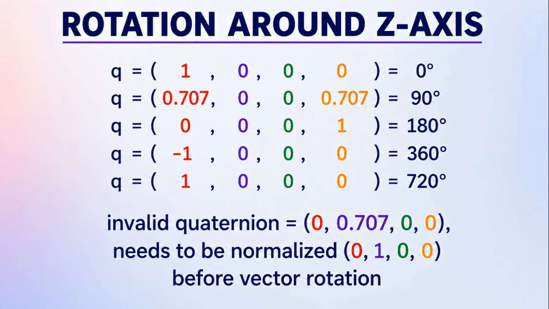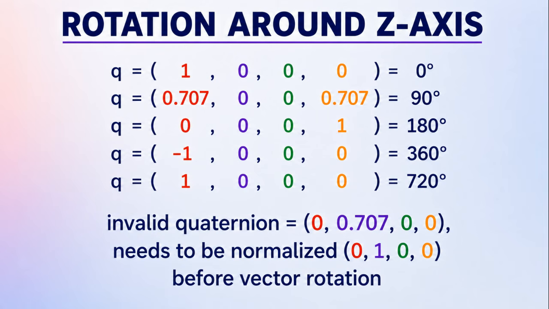A quaternion with 0 in its scalar part and 0.707 in one of its imaginary components is not a valid rotation quaternion because it does not have unit length. Normalizing it changes the component to 1, producing a valid unit quaternion representing a 180-degree rotation about that axis.